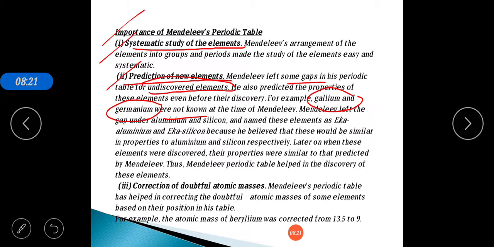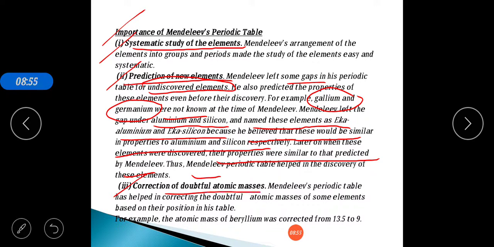Mendeleev left gaps under aluminium and silicon and named these elements Eka-aluminium and Eka-silicon because he believed that these would be similar in properties to aluminium and silicon respectively. Later on, these elements were discovered. Their properties were similar to those predicted by Mendeleev. Thus, Mendeleev's periodic table helped in the discovery of the elements.